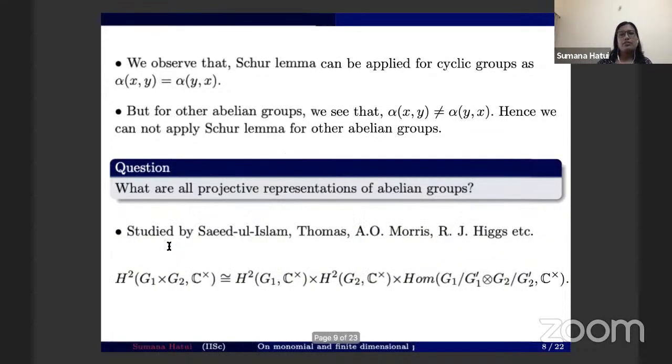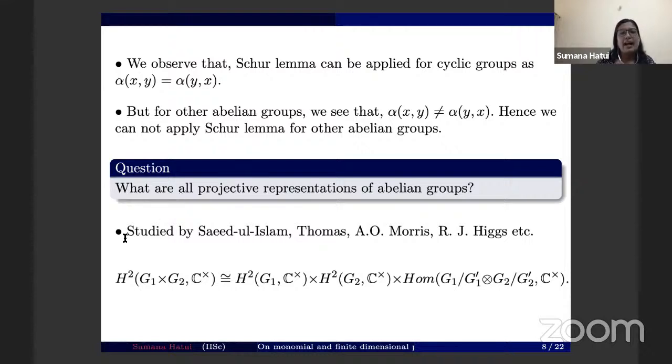Then what happens for abelian groups? For abelian groups, except cyclic groups, the relation alpha(x,y) equals alpha(y,x) is not true at all. That's why abelian groups have not only one-dimensional projective representations, but also higher-dimensional projective representations.